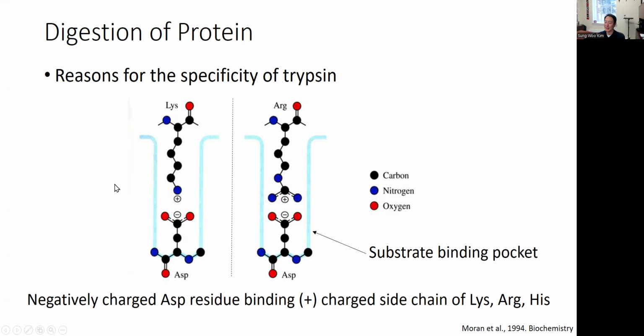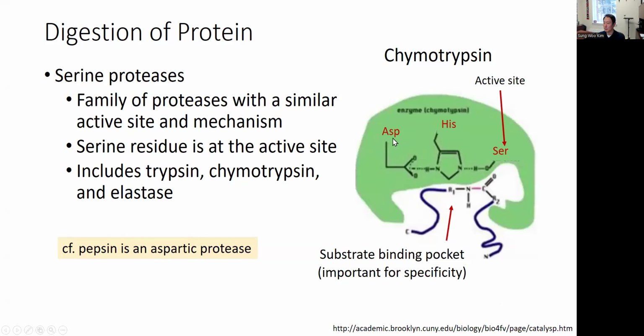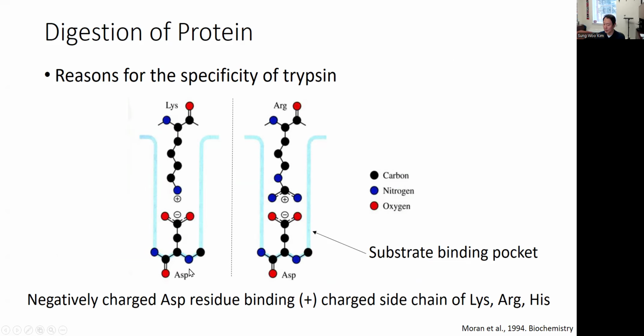There is a binding pocket. Okay? In this binding pocket, the aspartate is exposed. Aspartate is exposed inside of this binding pocket. The aspartic acid side chain has an extra carboxyl group, is an anion, is negatively charged.